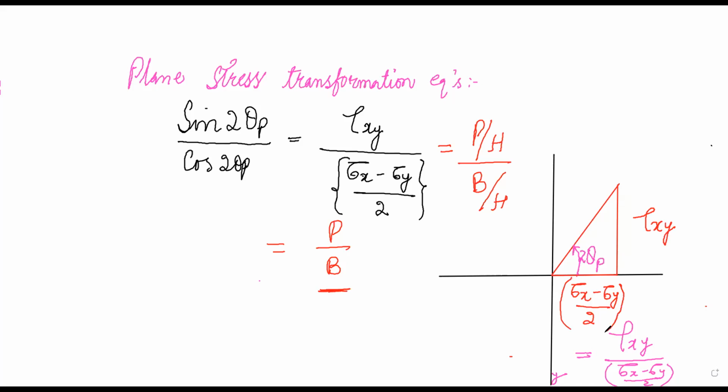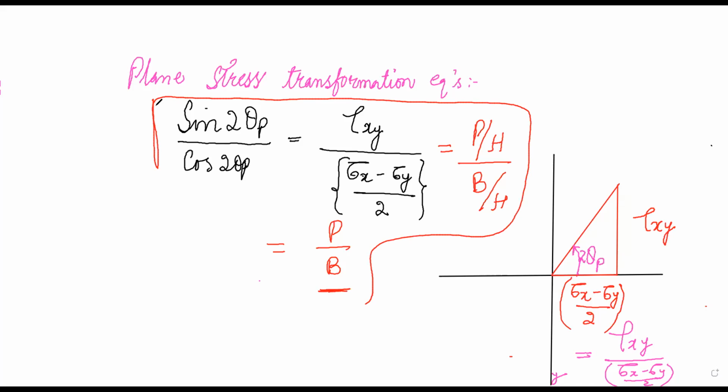If you represent this equation in terms of a right angle triangle, it indicates that the triangle has a base angle equal to twice the principal angle, its perpendicular should be tau xy, and its base should be sigma x minus sigma y divided by 2.